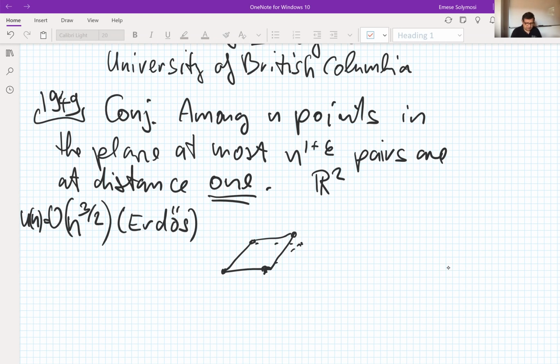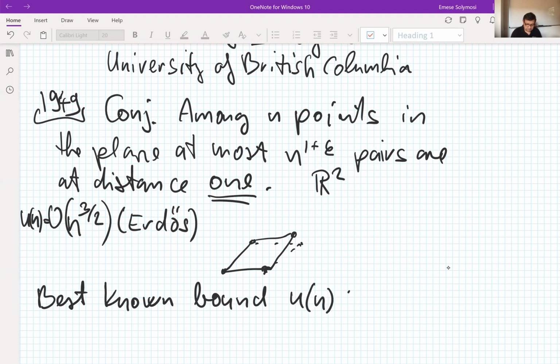I can jump immediately, but that's another jump, to the currently best known bound. So the best known bound, as many of you know, is n to the 4/3 in magnitude.